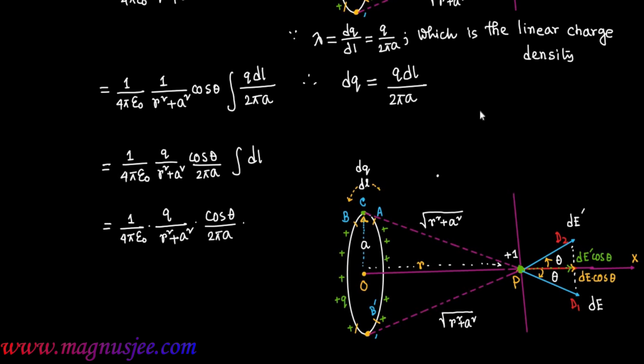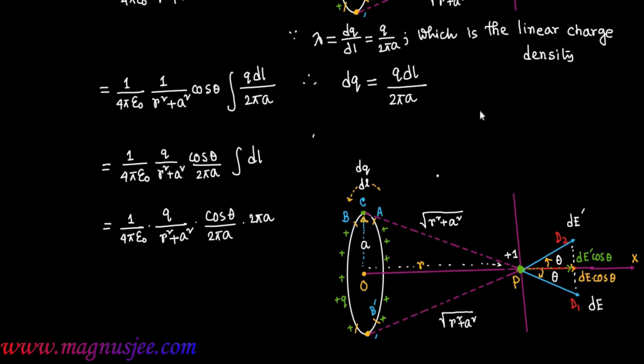Integration dl means the circumference of the charge ring. In place of integration dl, we can write the length of the entire portion of the charge ring, that is 2 pi a, where a is the radius of the charge ring.